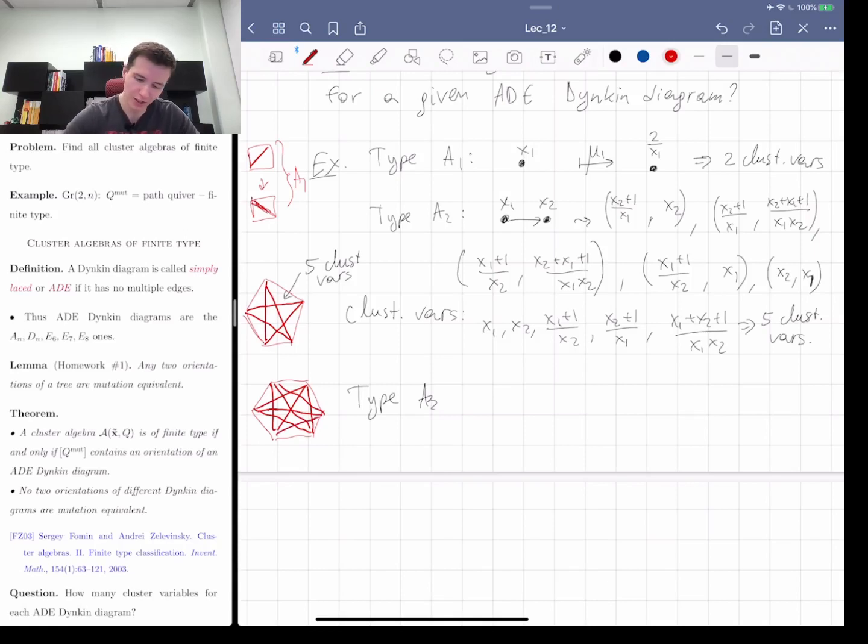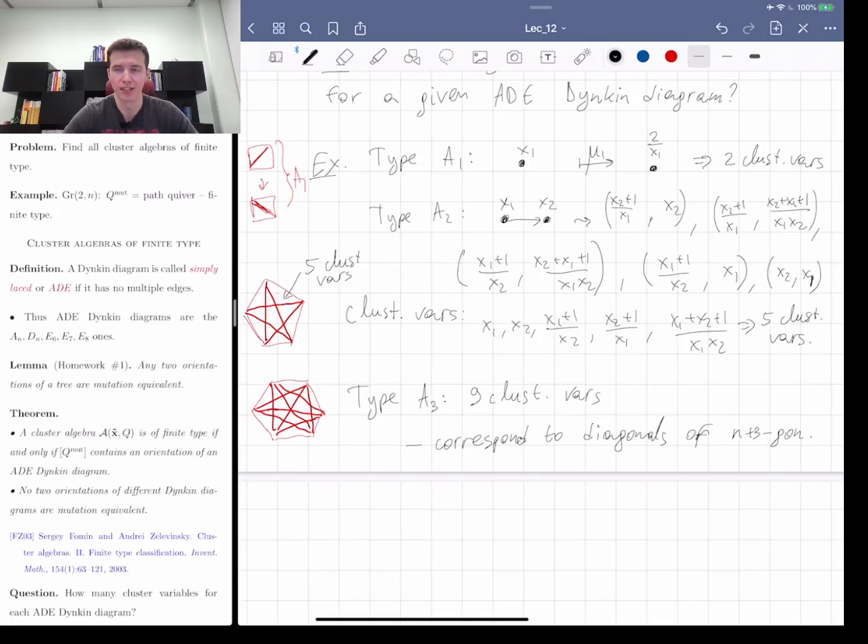So in type A3 there are going to be 9 cluster variables. So they just correspond to the diagonals of an n plus 3 gon. But that's type A.